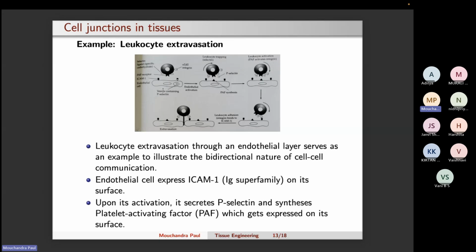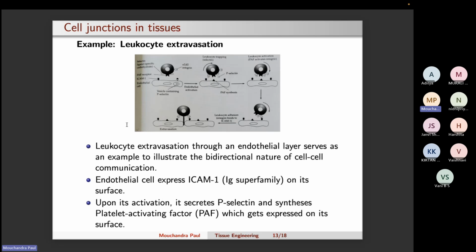Leukocytes are white blood cells, correct? Now, when there is an infection at some location in your body, the leukocytes, the white blood cells, are signaled to come and fight this infection. They are flowing in our blood, and the blood vessels have an endothelial lining.